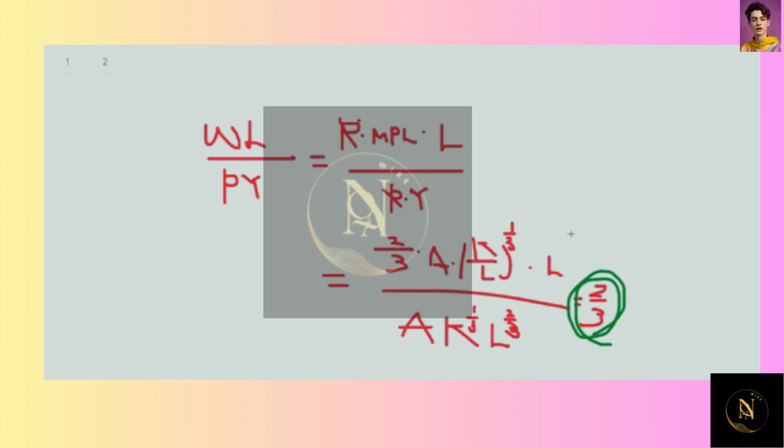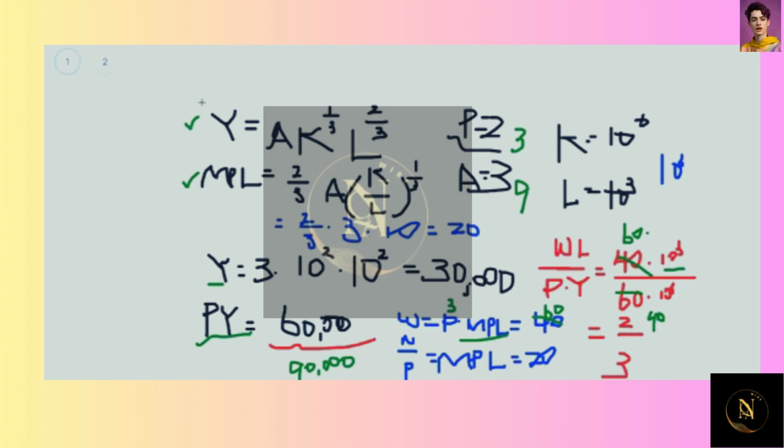One of the key features of the Cobb-Douglas production function is that the labor share is always 2/3. This 2/3 appears in the original production function. So the labor share we can just observe from this production form is 2/3, while the capital share is 1/3. This is the key feature of the Cobb-Douglas function.